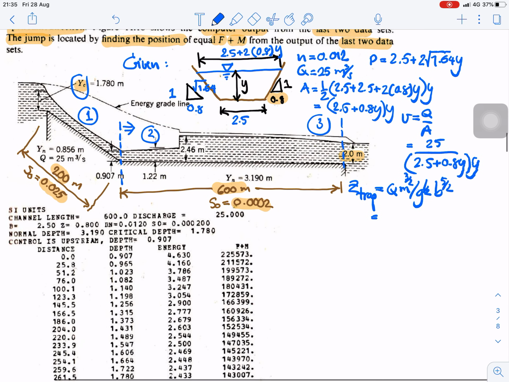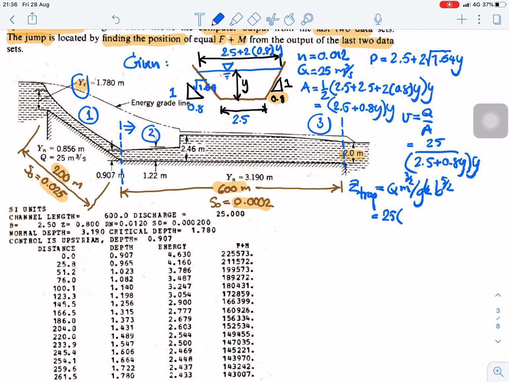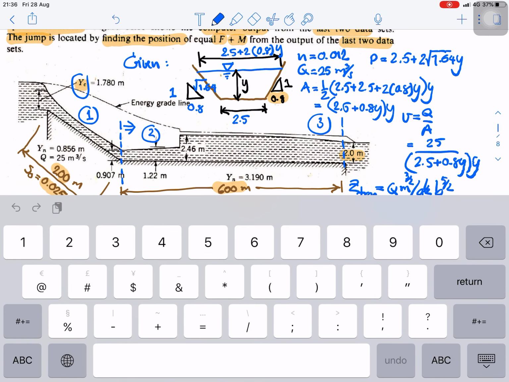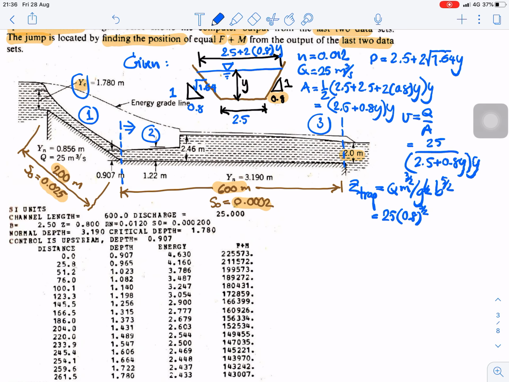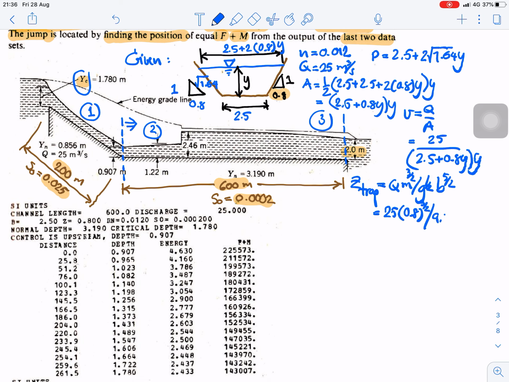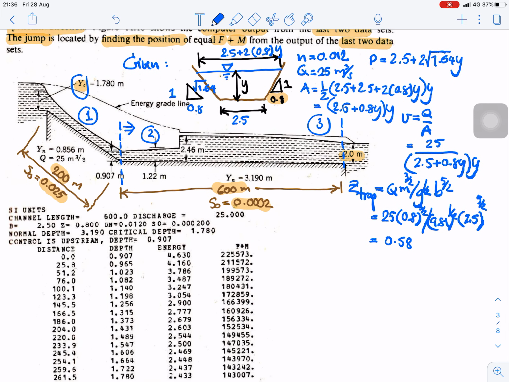So if we substitute the numbers here, m is 0.8, and we get about 0.58.